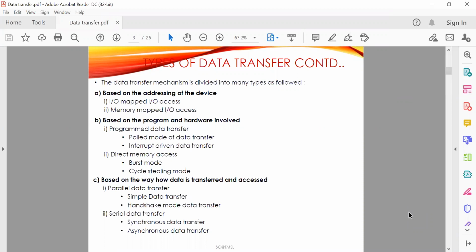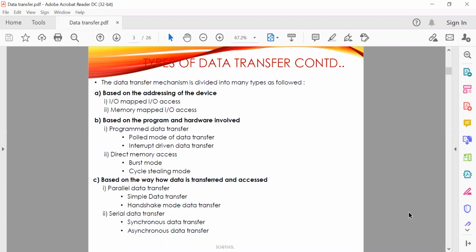Now to overcome this problem, the direct memory access method of data transfer is used. Okay, so in this technique, the peripheral IO device and the memory, without the intervention of the processor, the required number of data can be transferred.